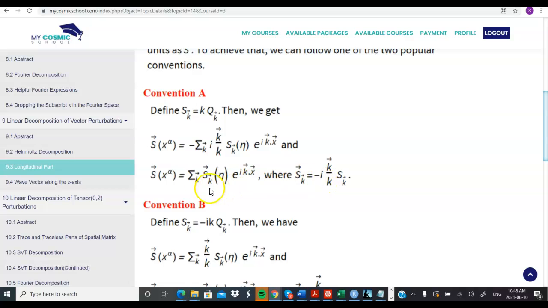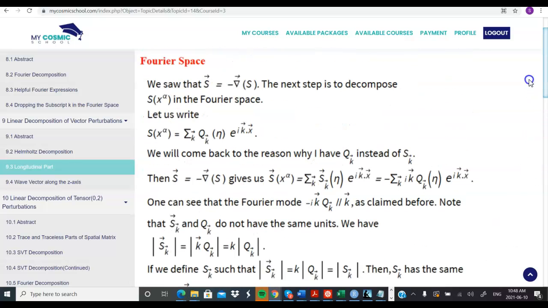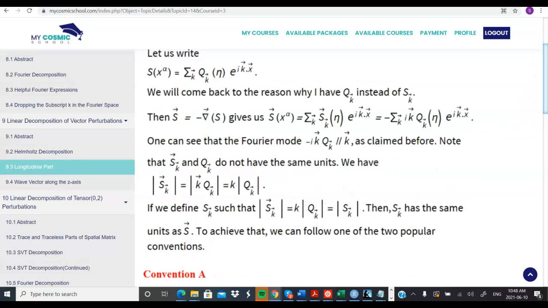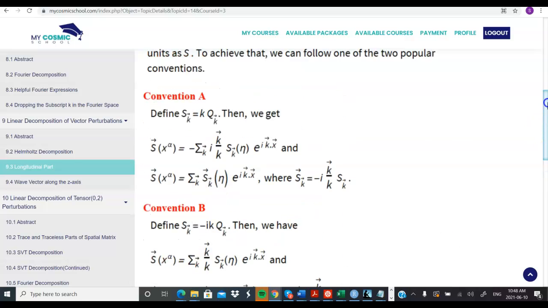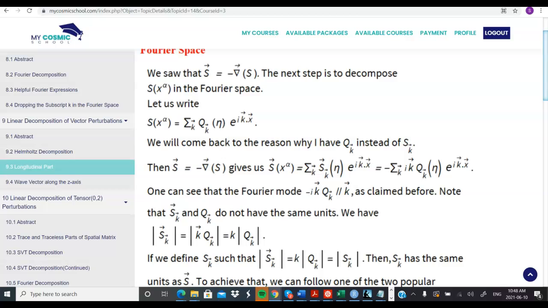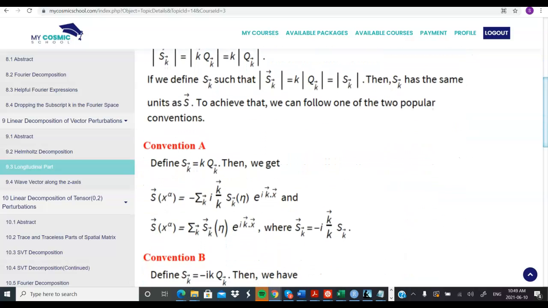And vector s will be minus iota k over k sk. So in this case, qk is sk over minus iota k, and for the vector we have vector k over k sk. So you see, for both scalar and vector, I mean both the potential and the original vector perturbations, we are now able to relate them via one sk.